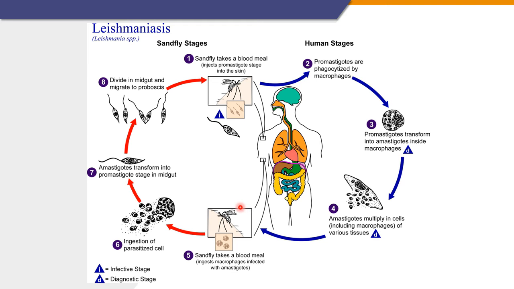Inside the sandfly, the parasite would explode from the cell, and then the amastigote would develop in the midgut of the sandfly, and then they would migrate into the proboscis of the sandfly, and then the cycle would again start.